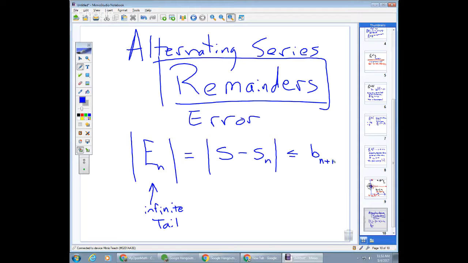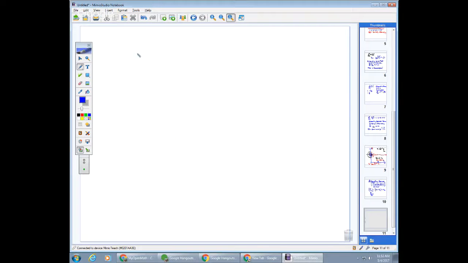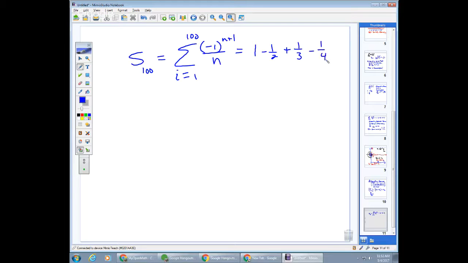So if I'm playing around with the natural log of 2 and I look at partial sum 100, that would be the sum as n goes from 1 to 100 of (-1)^(n+1)/n. That's 1 minus a half plus a third minus a fourth, the alternating harmonic series.